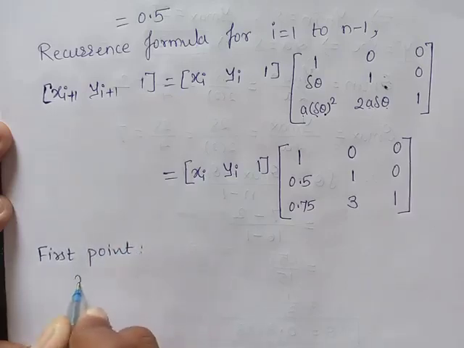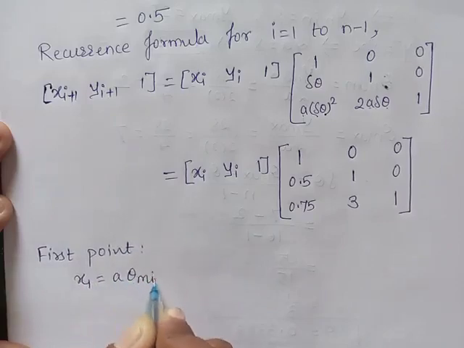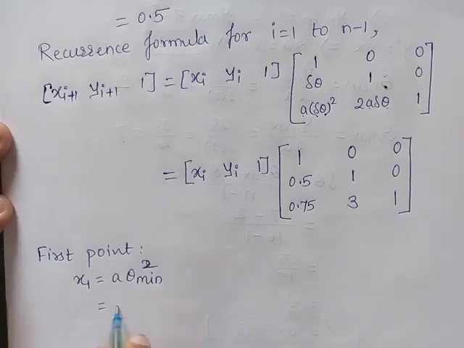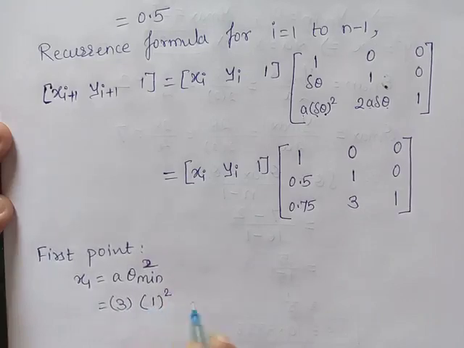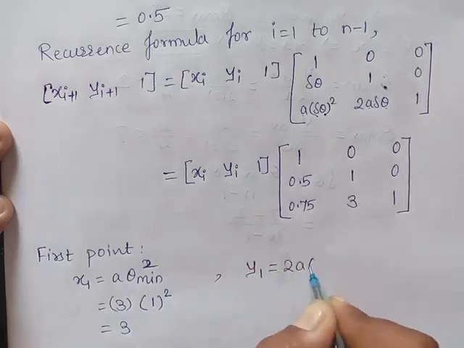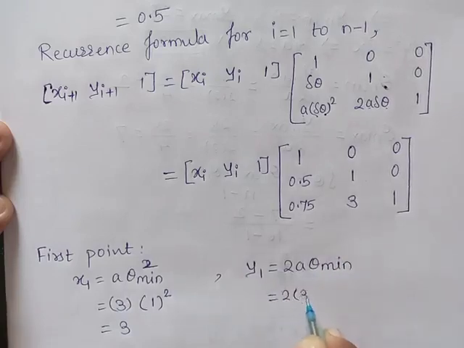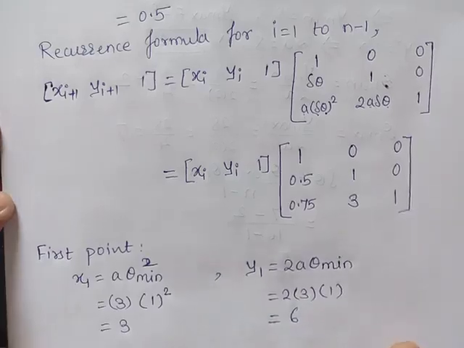Now first point is what? x1 is equal to a theta minimum square, right? So it is 3 into theta minimum is what? 1 square, so it is 3, and y1 is what? 2a theta minimum, so it is 2 into 3 into 1, so it is how much? 6.